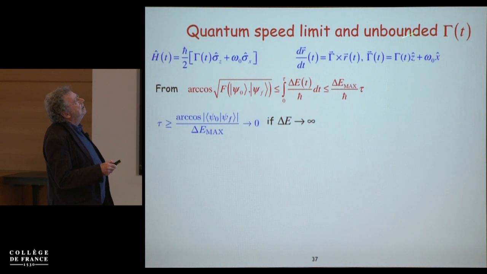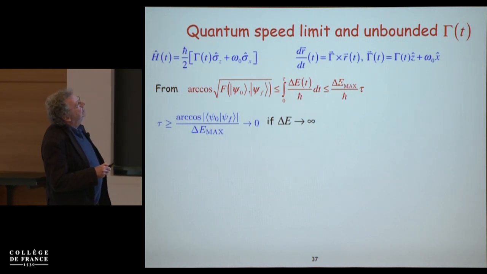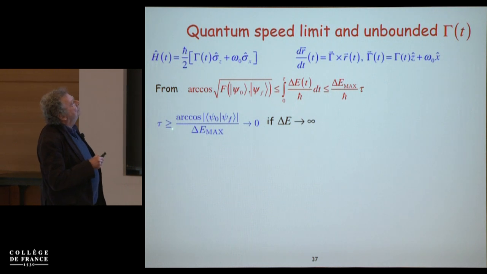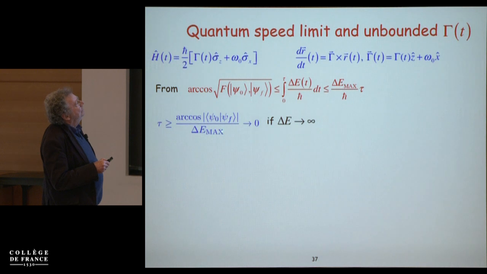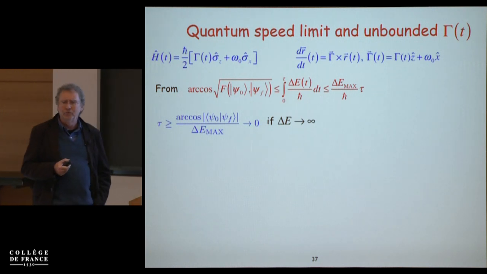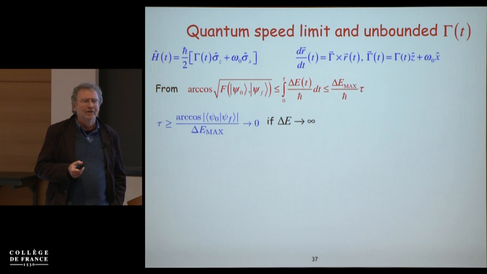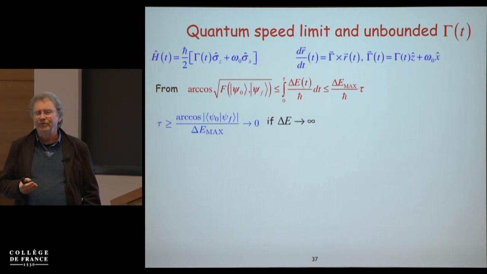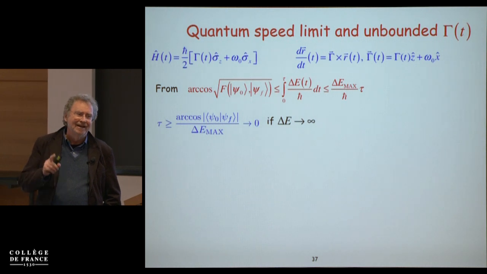Indeed, if gamma is unbounded, delta E could be very large, and if you take tau from this relation, you see that tau is bounded below by this expression, and since delta E max goes to infinity, this expression goes to 0, which means that you have a curious bound. Looks like useless. The bound tells us that the time is larger or equal than 0. Yeah. However, this is a tight bound.